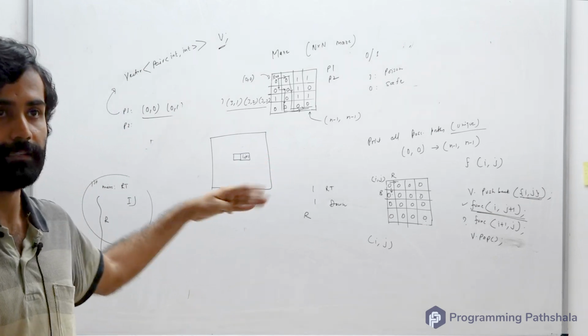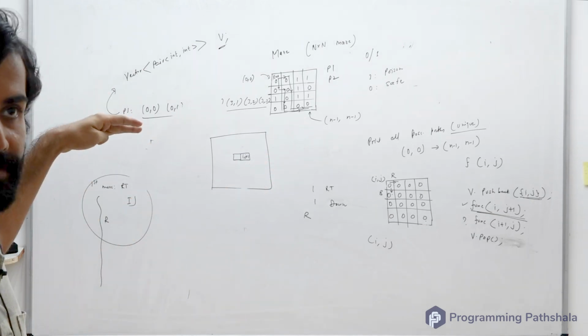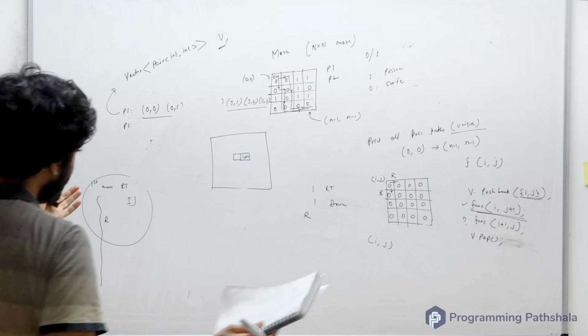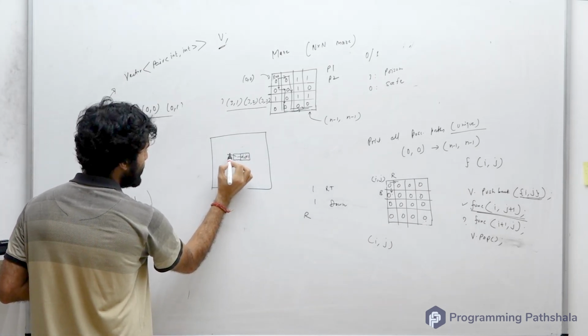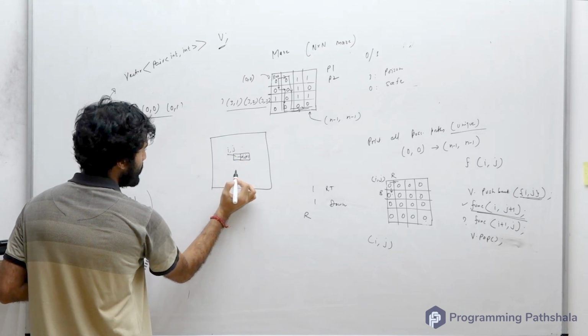You would have reached here either from the left cell or the upward cell, right? So for a few time, let us assume that you reached here from here, so this cell would have been I comma j.